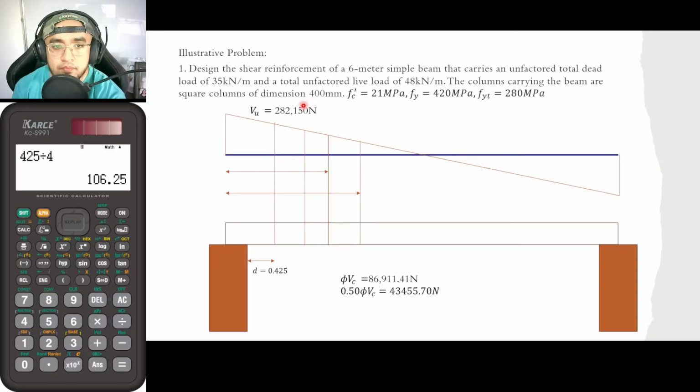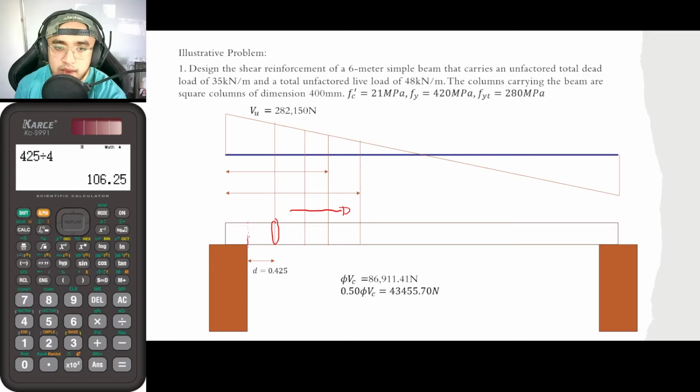From the face of the footing up until this region here, the spacing of the stirrups must be 70 millimeters.